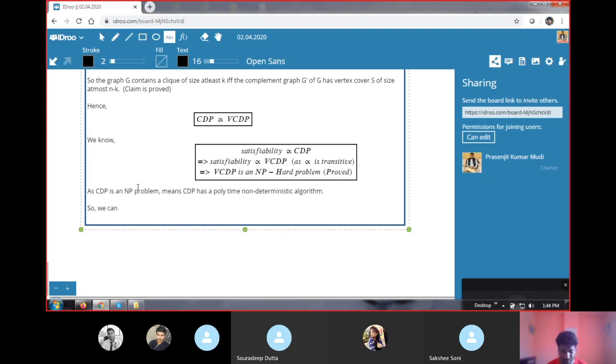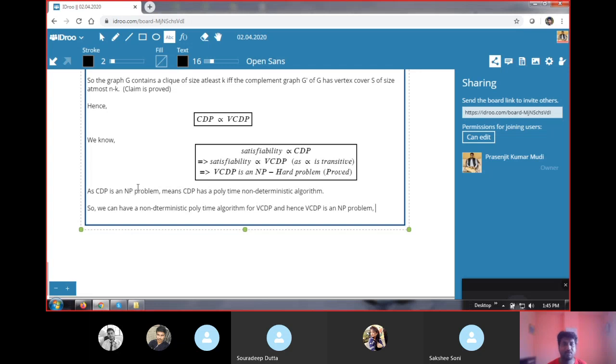So we can have a non-deterministic polytime algorithm for VCDP, and hence VCDP is an NP problem.